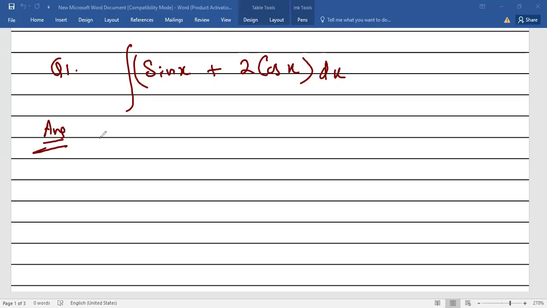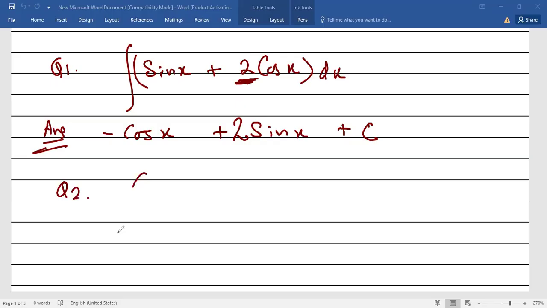I got negative cos x plus sine x plus c. There is a little change you have to do. What about this 2? 2 will be as it is here, right? Yes, 2 will be as it is here.